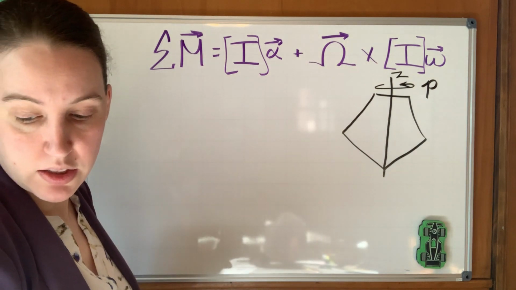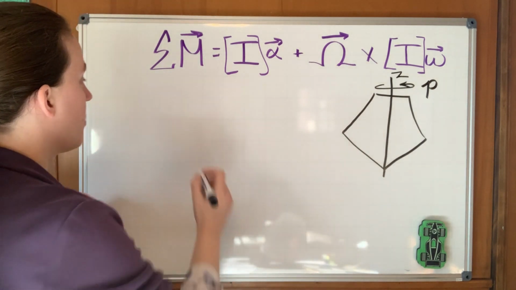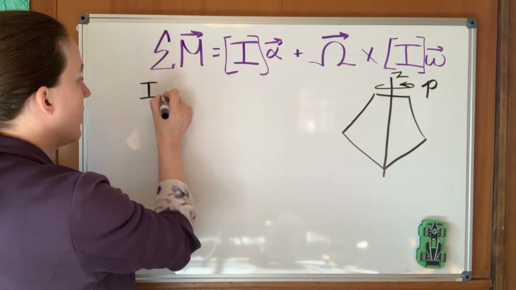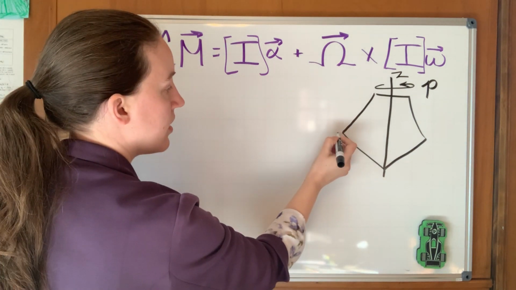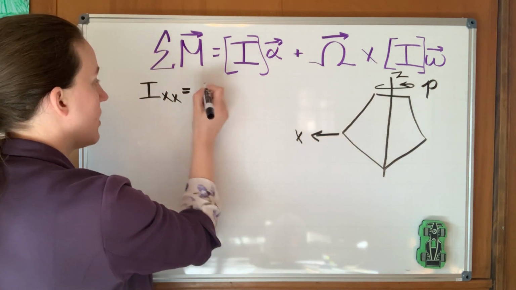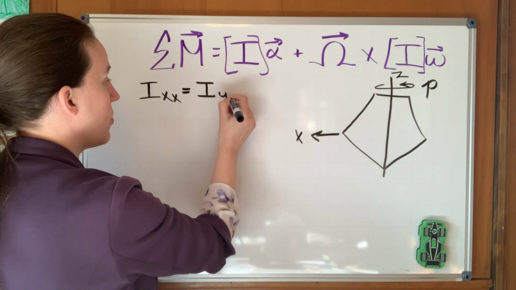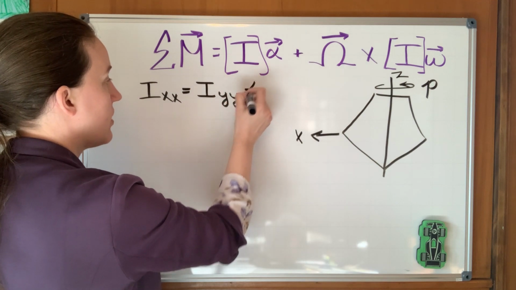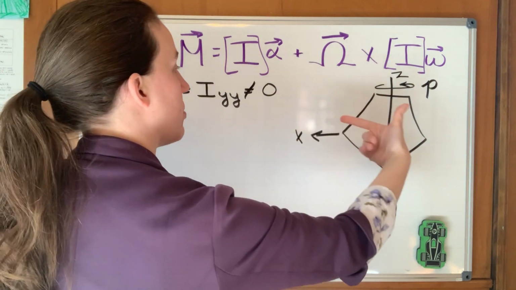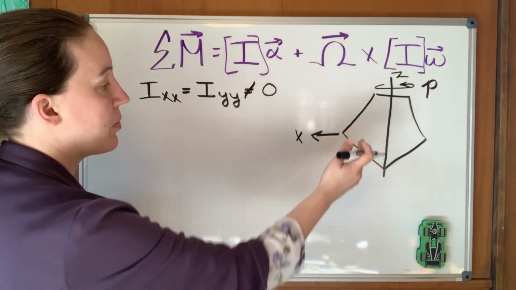And then also the I matrix is special in that I xx, and let's say this is the x direction, is going to equal I yy, which is not necessarily going to equal 0. Then y would be, let's see, x, y, z. So y would be out of the board here.